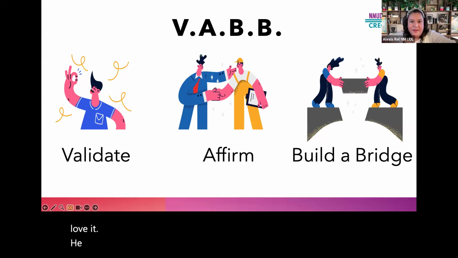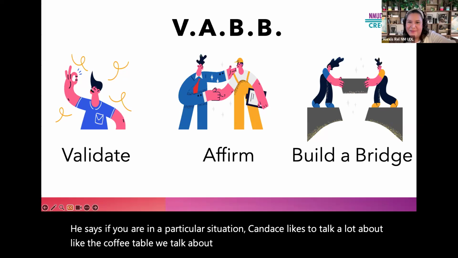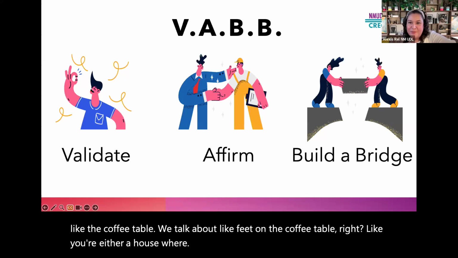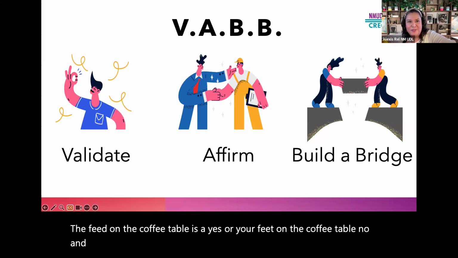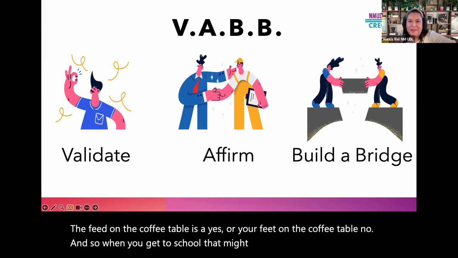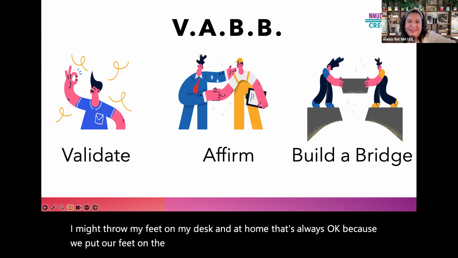If you are in a particular situation, Candace likes to talk a lot about the coffee table. We talk about feet on the coffee table, right? You're either a house where feet on the coffee table is a yes, or you're a feet on the coffee table no. And so when you get to school, I might throw my feet on my desk, and at home, that's always okay because we put our feet on the coffee table at home. And at Candace's house, it might be a no-no.